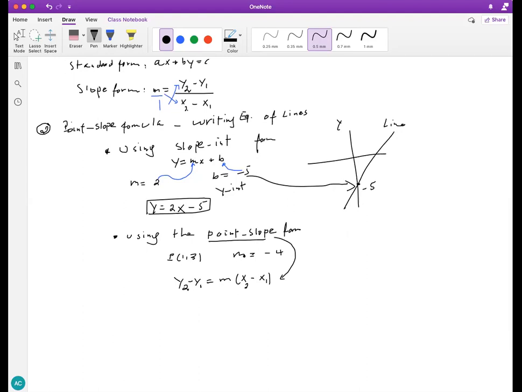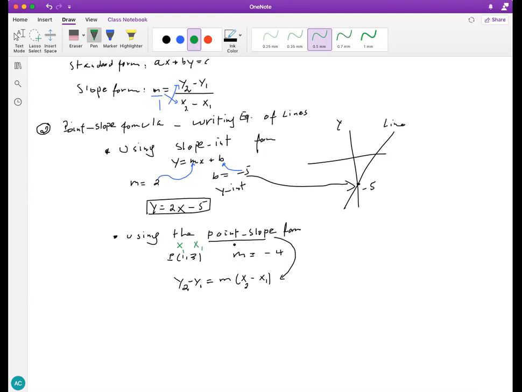So if you have the m, the slope, and a point, we utilize those to write the equation of the line. First you want to write this down. If you forget this one, it's easy: you can get it by cross multiplying this. And then the point that we have here, let's label it x1, y1.